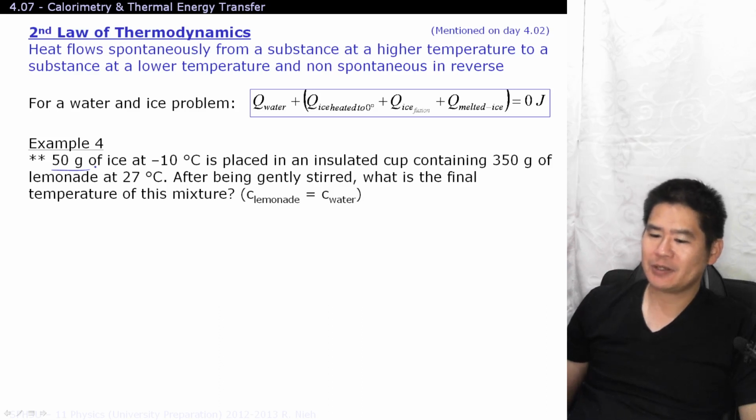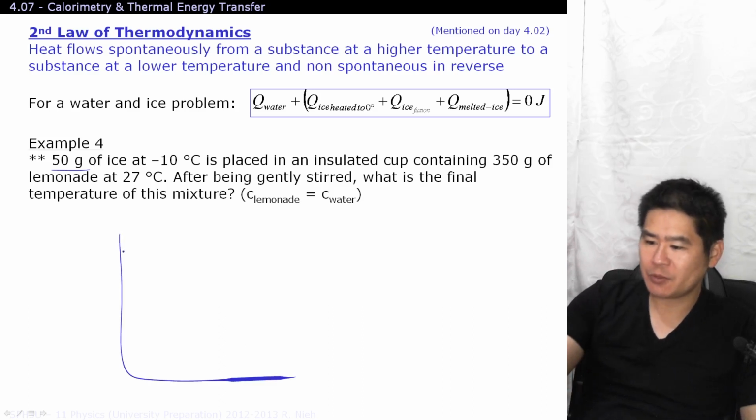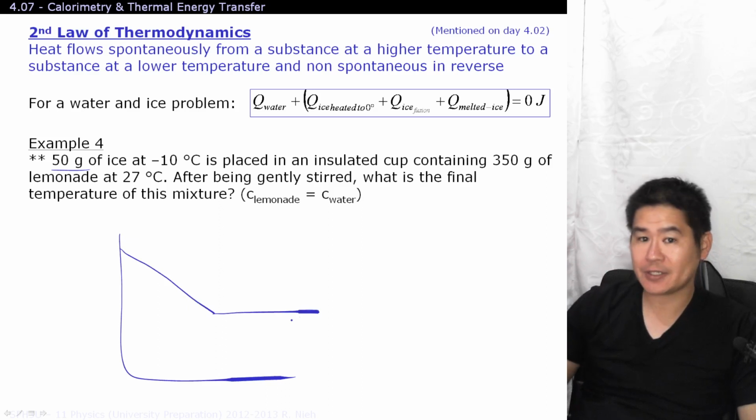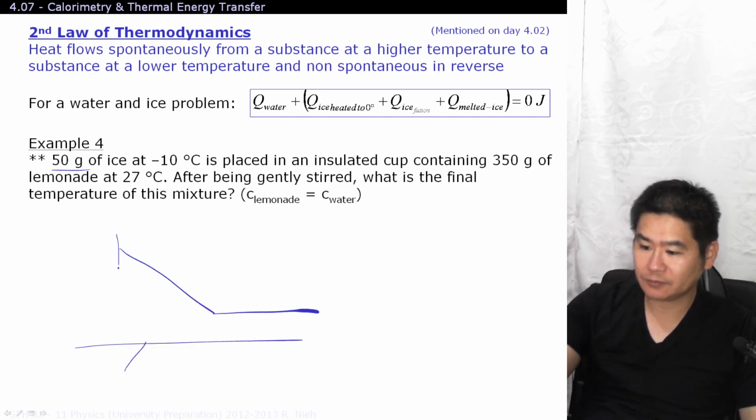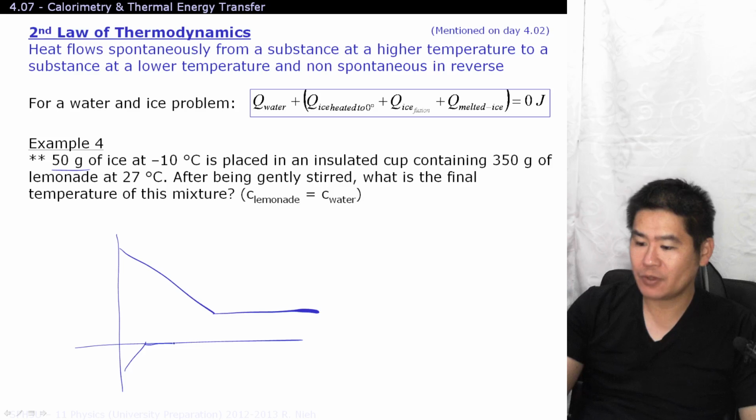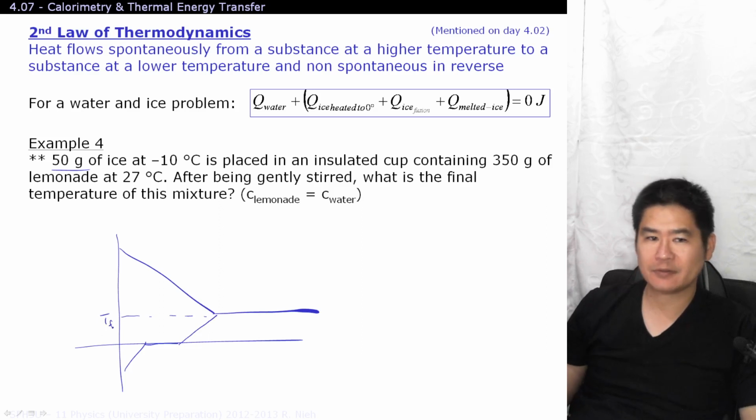It's pretty messy, because even though the water temperature may gradually decrease and stabilize, the ice has to do a few extra steps. First off, you got to bring the ice up to the melting temperature. Then, once all the ice is melted, the temperature will finally increase until you stabilize to whatever your TF is.